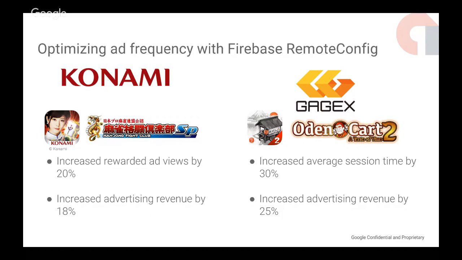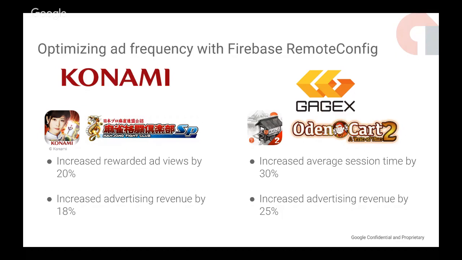After a few rounds of experiments, they successfully increased their ad revenue by almost 18%. And on the right-hand side, you see Gadgets, which is also a developer based in Japan. They're also pretty big, relatively, but not as big as Konami. But they did the same thing in a very short time window. They just played around with different ad frequencies with interstitial and rewarded.